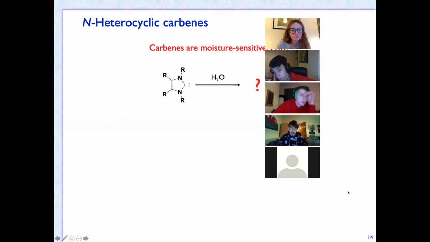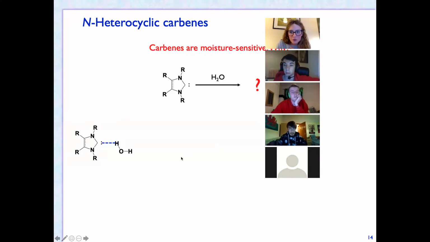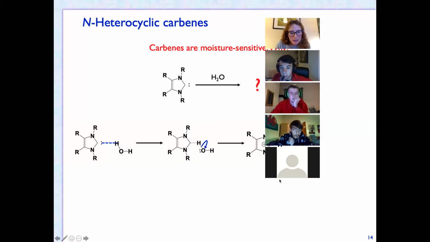So that double bond will try and take a proton. It's very basic. So we have the formation of a hydrogen bond to start with. So you're right, Jack, it wants to take up this proton. And so what happens from here? Exactly what you said. We take the proton and we release hydroxide. Correct? And now?